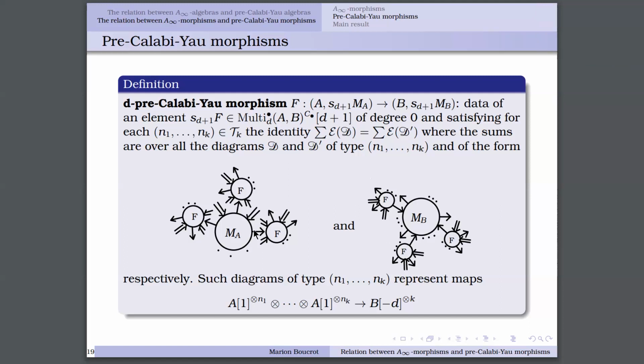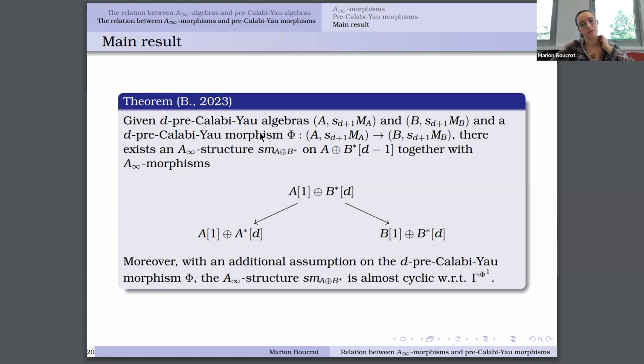So I just want to clarify. You have just a construction, not an equivalence between something and something, yeah? Yeah, in fact, we don't have the converse. It's not an equivalence because both the infinite structure and the infinite morphism depend on the de pre-Calabi-Yau morphism.